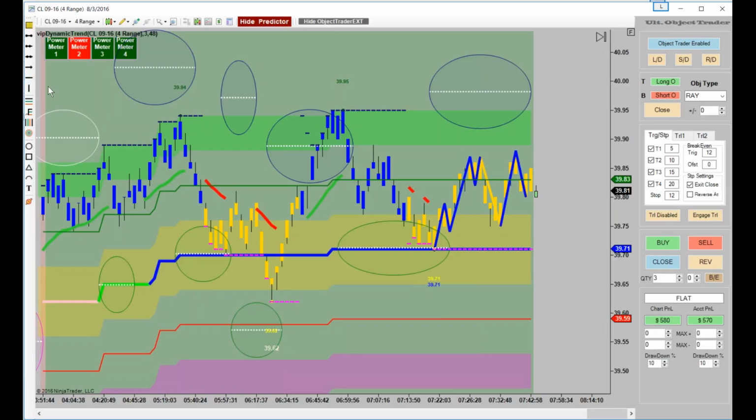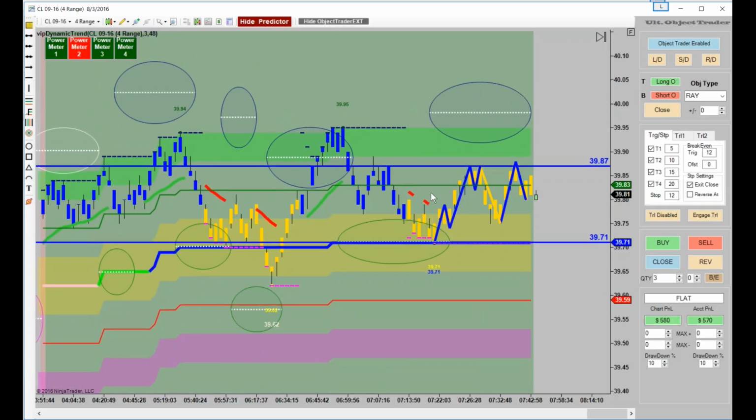I would expect it to break here, come back and kiss and take off, or I would expect it to break here, because this is the range it's in, and come back and kiss. So let's see which one it does. Something like that would be kissing where it breaks down, and then a continuation move, right?